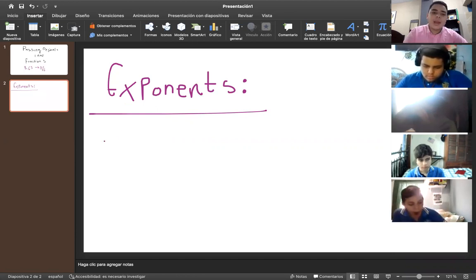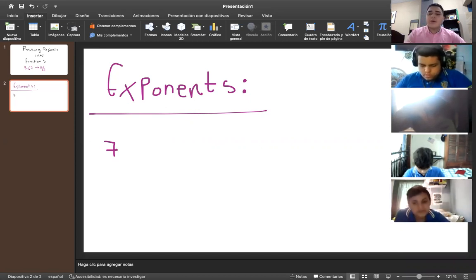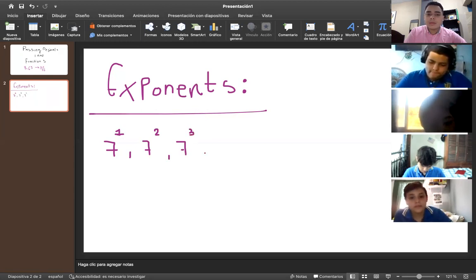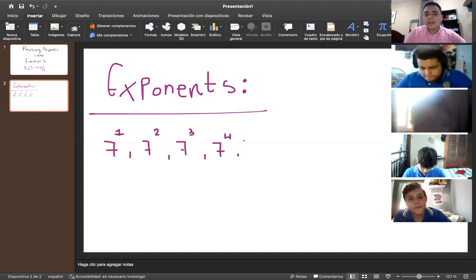For example, what happens if we have the number 7? We can have 7 elevated at number 1, 7 elevated at number 2, 7 elevated at number 3, 7 elevated at number 4, 7 elevated at number 5, and to infinity.